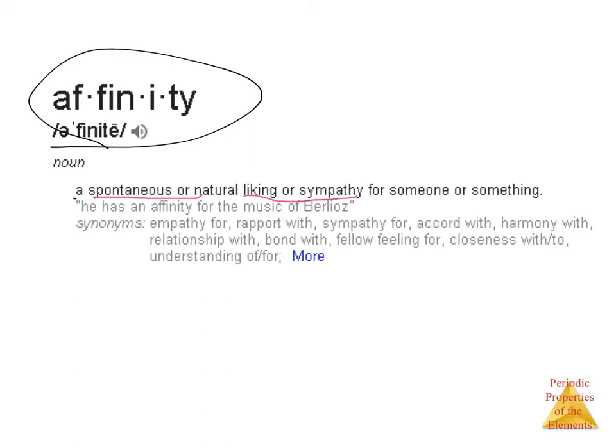Because that's what we're looking at: how much does an atom like or want an electron? And of course, atoms don't have feelings, but that's really what it is. It's about how much more stable they become when they add an electron.